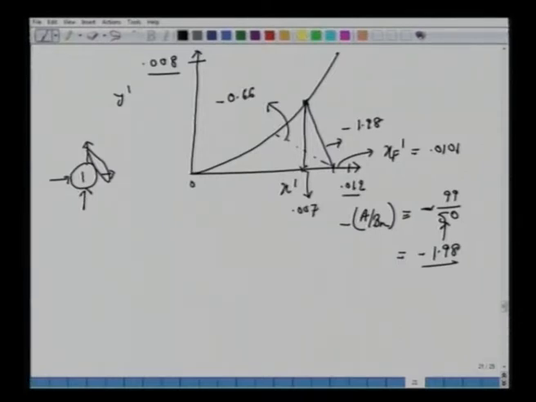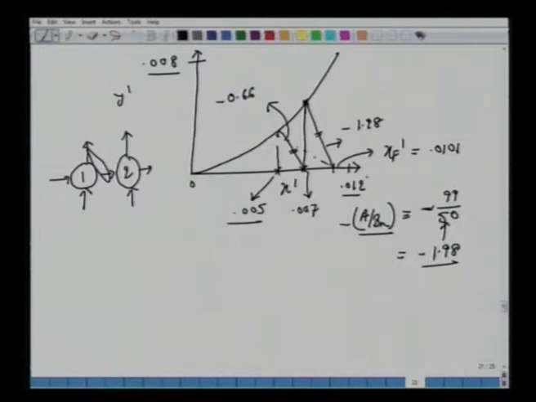Again, from here take the same slope, because the amount A by B remains the same. So draw a parallel line to this. This line and this line are parallel. Read the raffinate concentration for the second stage. Now we are here, stage 2. Read this number as 0.005.